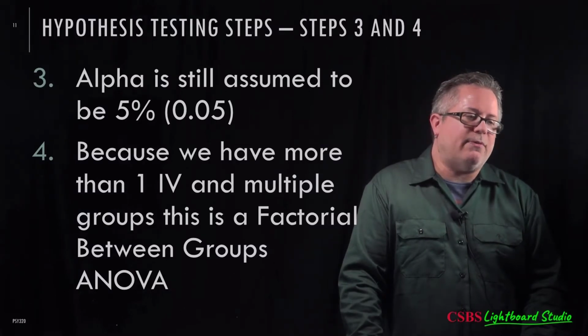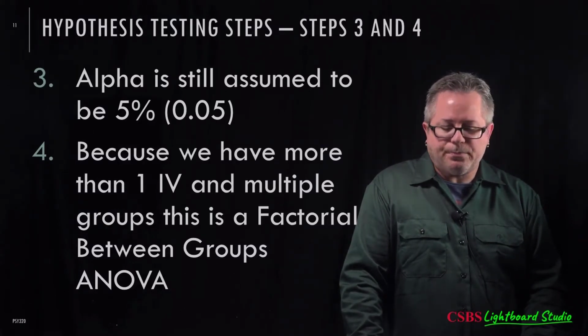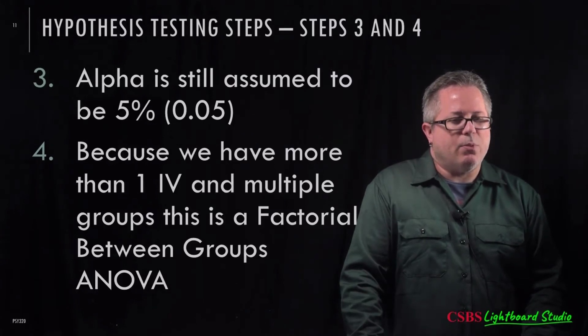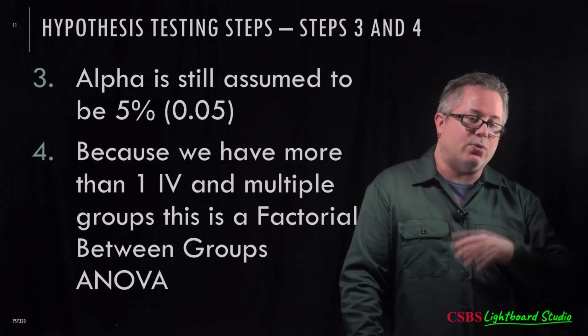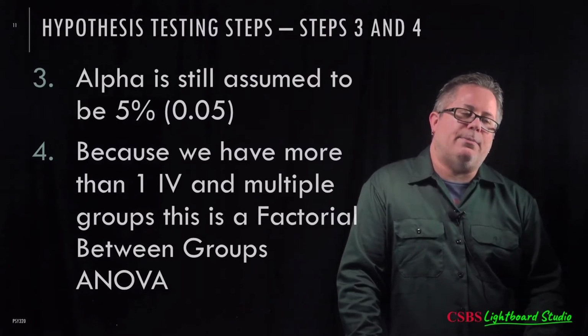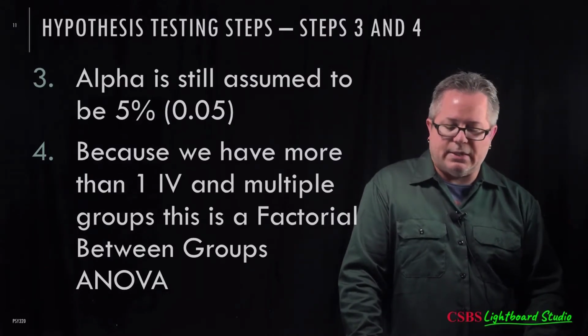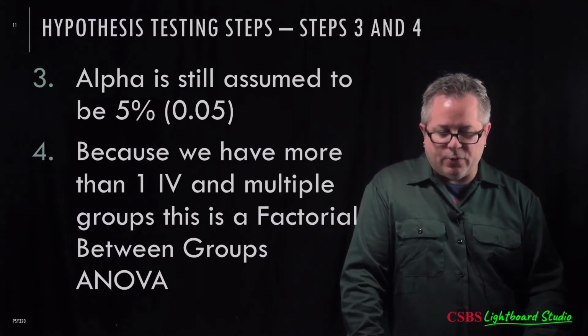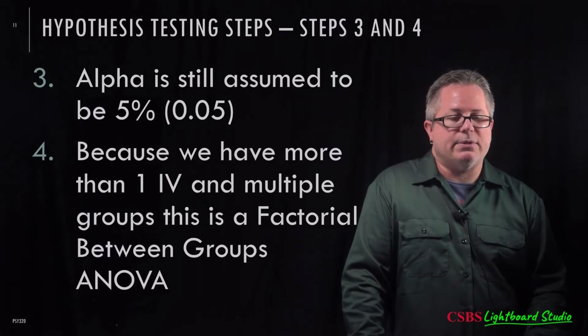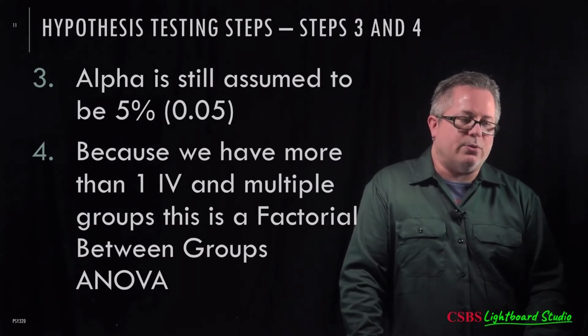So this has got to be a factorial between groups ANOVA. All right. So there's more than one IV. The IVs are crossed, or they're factorial, and they're assigned to groups sort of randomly, like we would assume with the between groups analysis of variance. So this has got to be a factorial between groups ANOVA.